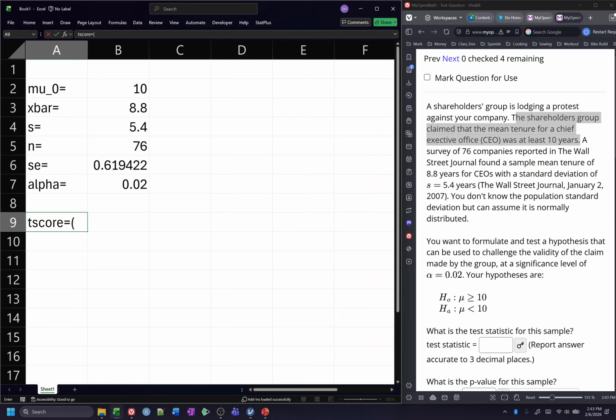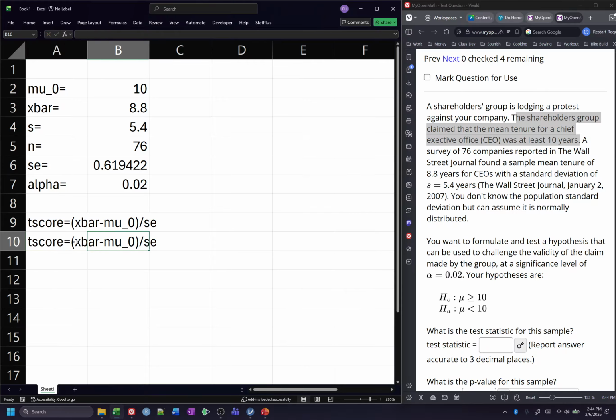And again, remember that the t-score is just x bar minus mu sub 0, our hypothesized mean, and we're going to divide by the standard error. Let's delete that and delete everything else. Okay.